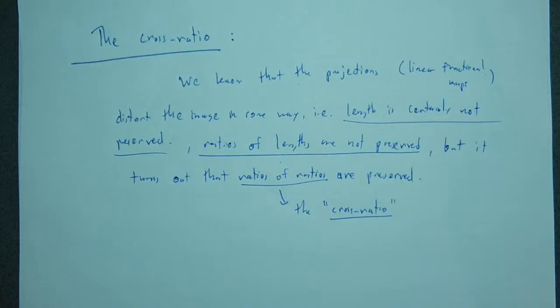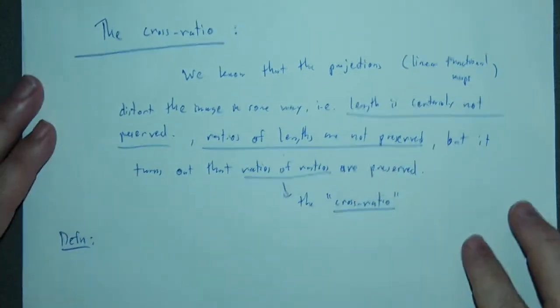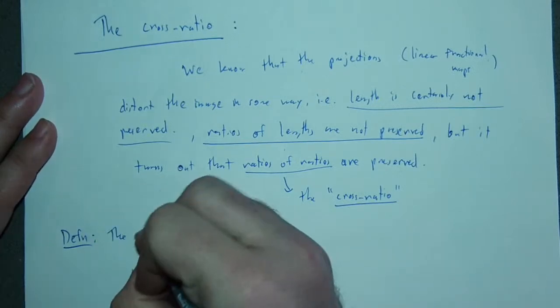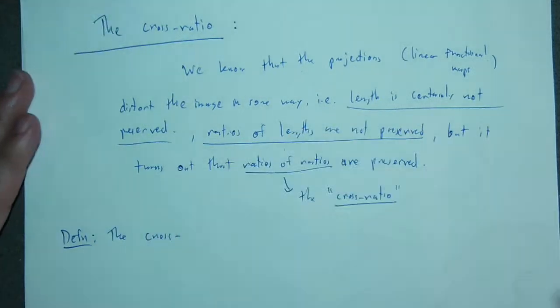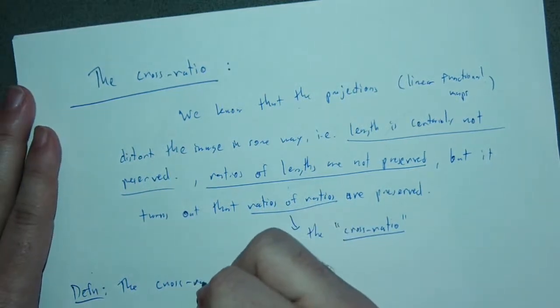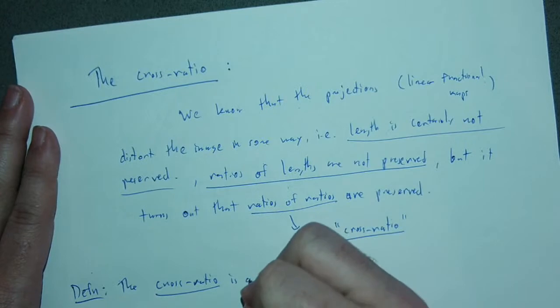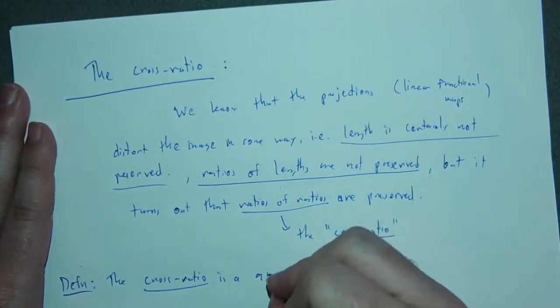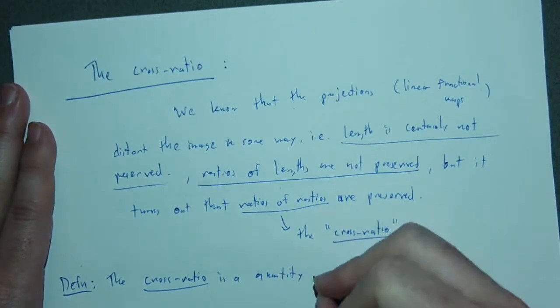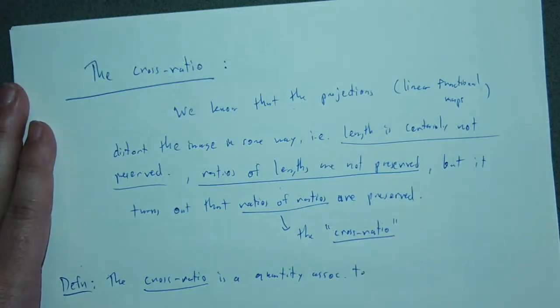All right, so what is it? So here's the definition. The cross ratio. Okay, cat keeps coming back. Stop it. So the cross ratio is a quantity associated to 4 points on a line.